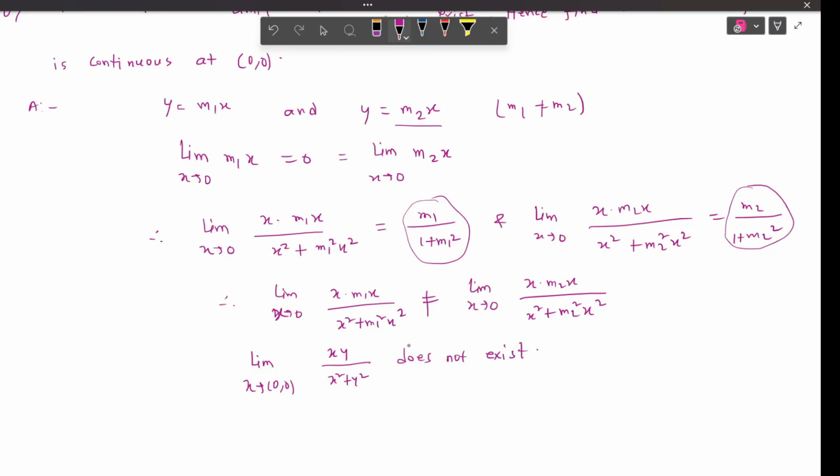So the function is not continuous at 0 comma 0.